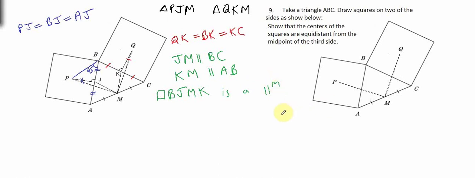Quadrilateral BJMK is a parallelogram, therefore, in a parallelogram, opposite sides are equal. So we have JM is equal to BK.